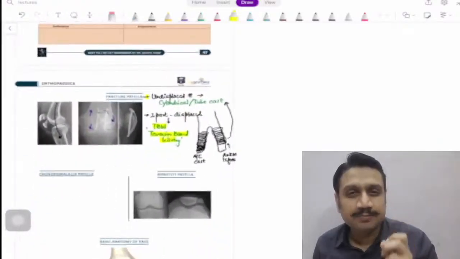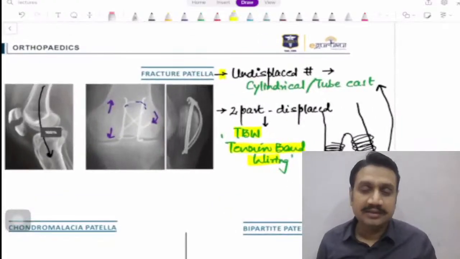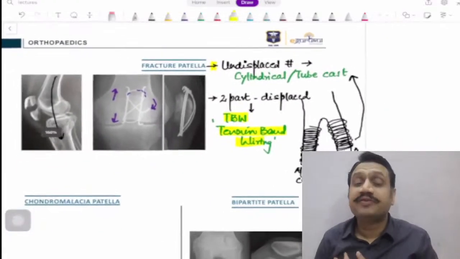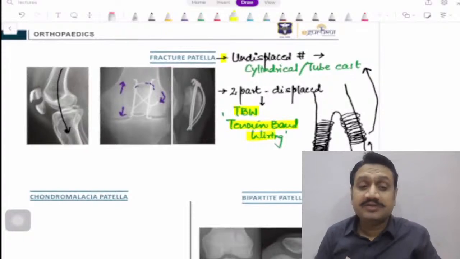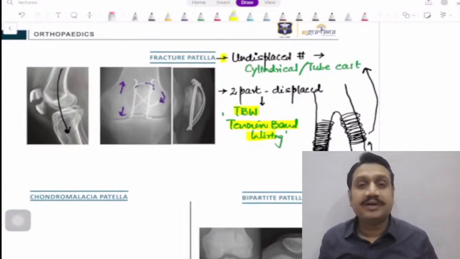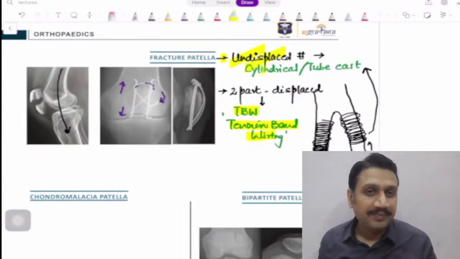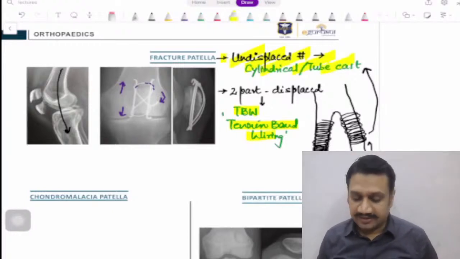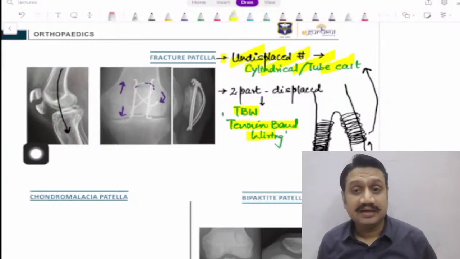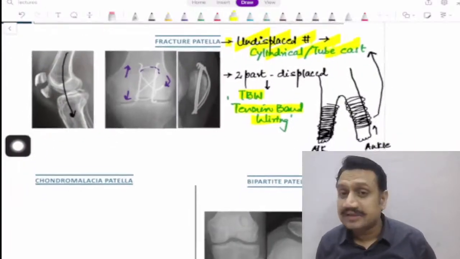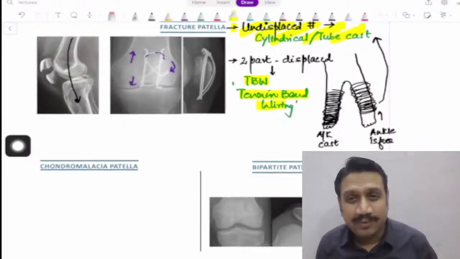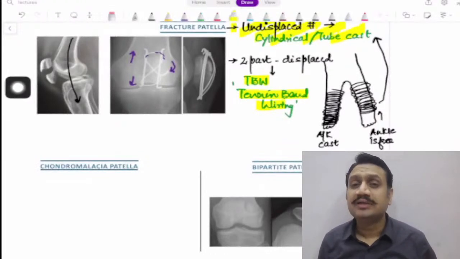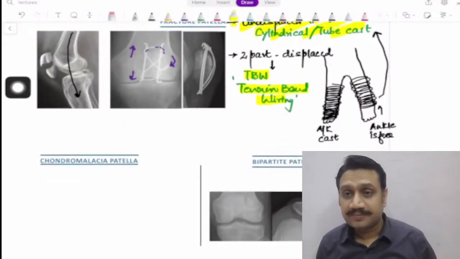And if it is a displaced two-part fracture of the patella, you know very well that it becomes a fracture of necessity, and that has to be treated by tension band wiring, right? So the two most important things to remember: undisplaced fracture of patella gets a cylindrical or tube cast, and a two-part fracture is a fracture of necessity, operated with tension band wiring.